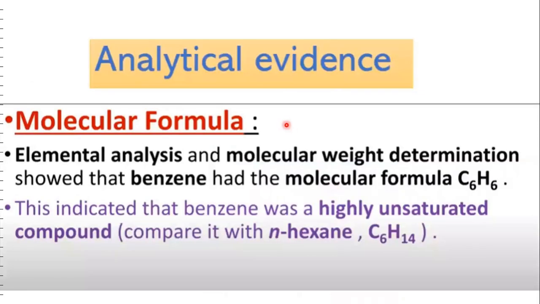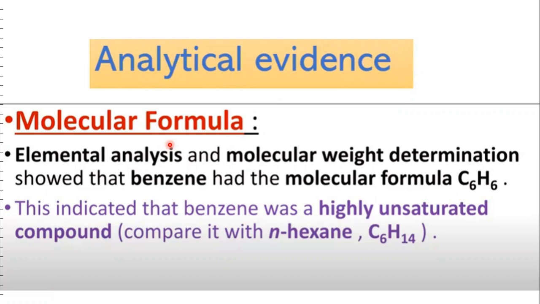From this chapter, we will focus on the first point, that is, what are the different analytical, synthetic and other evidences in the derivation of the structure of benzene. So we'll move on to the first evidence, that is analytical evidence, from which the molecular formula of benzene was derived.